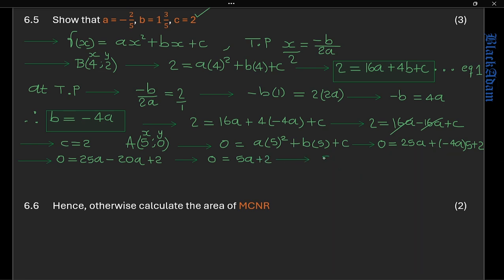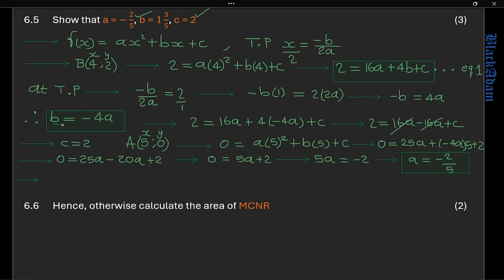So that simplifies as solving for a there. We have 5a equals negative 2, and then a is going to be negative 2 over 5. So that's our a value.